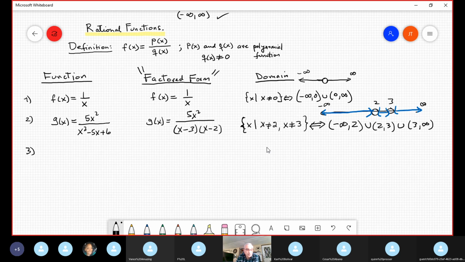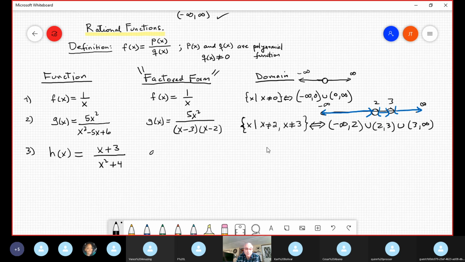Okay, I bring another example. Suppose h of x is equal to x plus 3, a binomial on the top, and the bottom is also a binomial, but degree 2. So on the top we have a binomial of degree 1, linear, and on the bottom we have a binomial again, 2 terms, degree 2, it's quadratic.